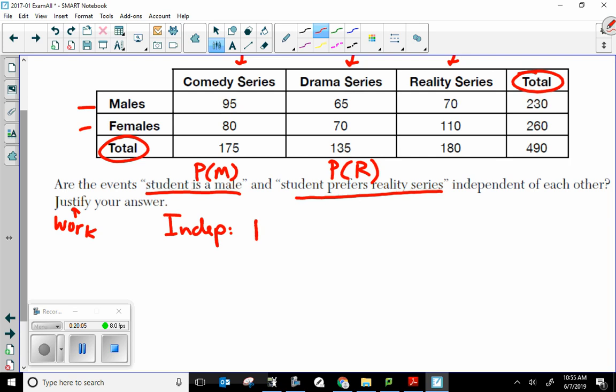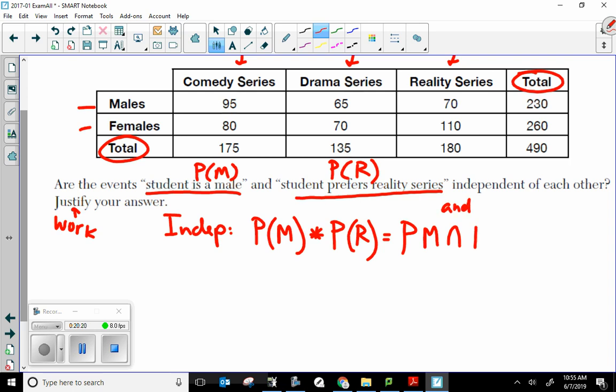In order for things to be independent, the probability of both of them multiplied together should equal the probability of both, which means the probability of male and prefer reality television, okay? If these are equal, then yes, they are independent. If they are not equal, they are not independent, all right? So let's go ahead and do this.